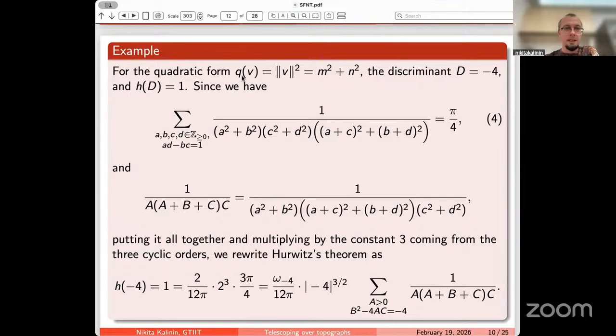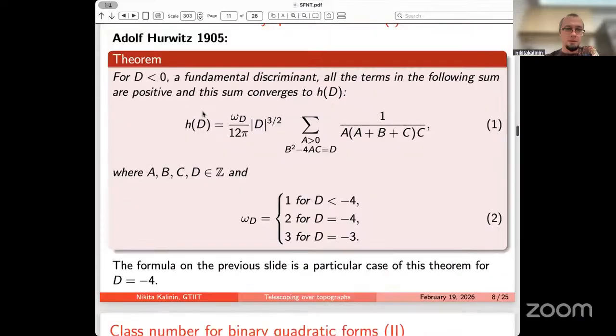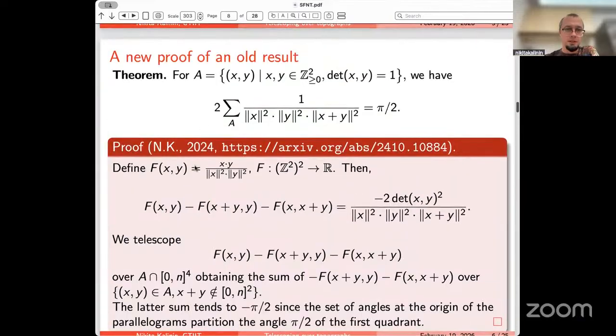And then for the Hurwitz formula, let's say we know the formula that I just proved above. So that's the formula about x and y, right? So this one. Because actually this set A is exactly the set of matrices A, B, C, D with AD minus BC equal to 1.